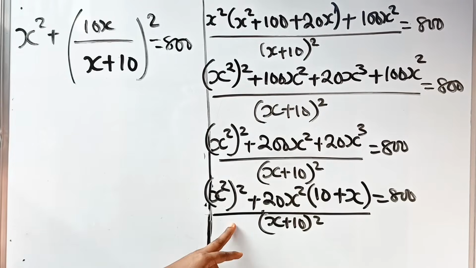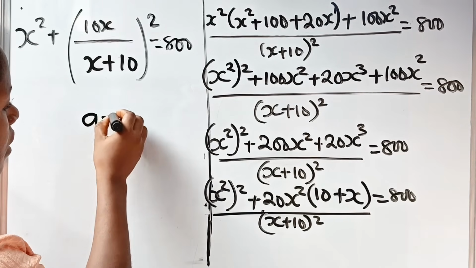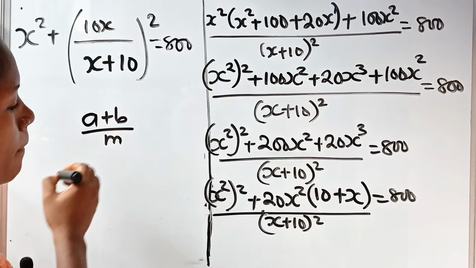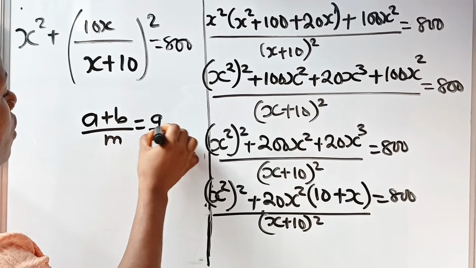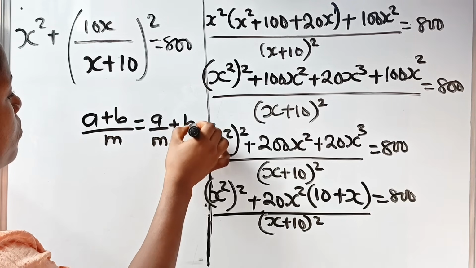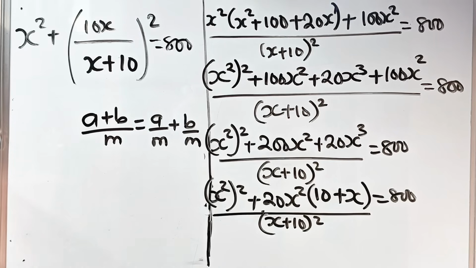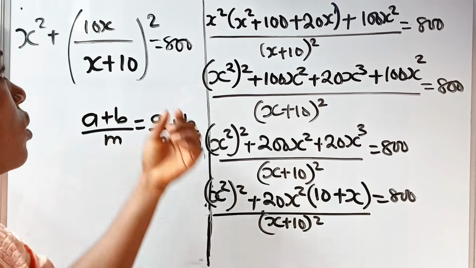Note that a plus b, all over m, is equal to a over m plus b over m. So in other words, let's distribute the denominator.